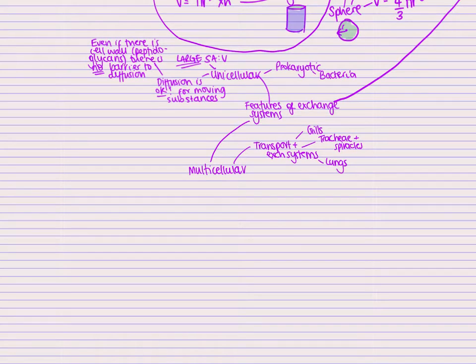So all of these transport systems have got common features that are seen throughout all of them, and we're just going to say they're adaptations of the exchange surface, and we're going to start by looking at how the surface area is maximised. So max surface area, and we do this in a few ways. So we can either have something called rugae, which are infoldings of the membrane.